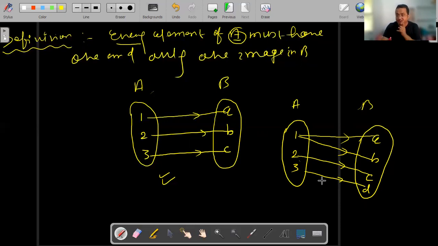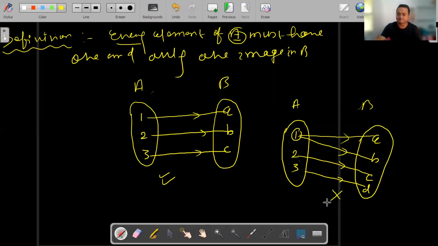Why? Because the definition of function says that every element of A must have one and only one image in B. But you can see very clearly that 1 has two images in B. So this is not possible. This is an infringement of the definition, right? So we cannot say that this is a function.